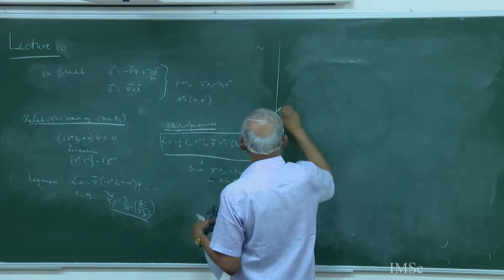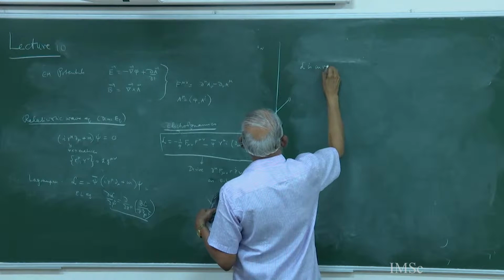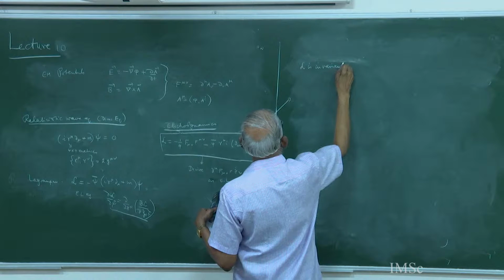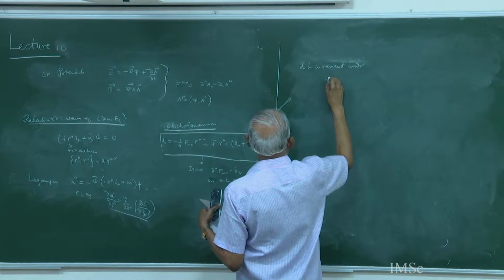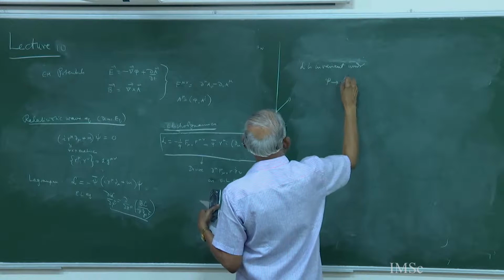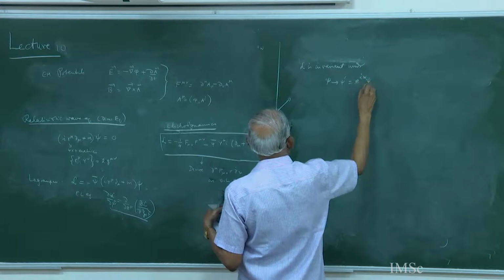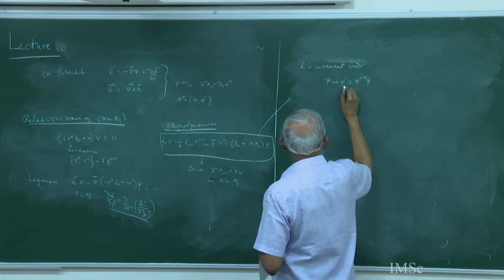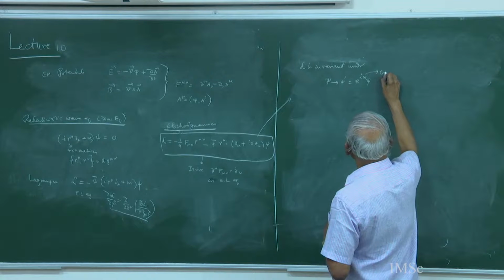This Lagrangian is invariant under the transformation psi goes to psi prime, which is equal to e power i alpha into psi. Psi and psi prime are functions of x, but alpha is a constant, any arbitrary real constant.